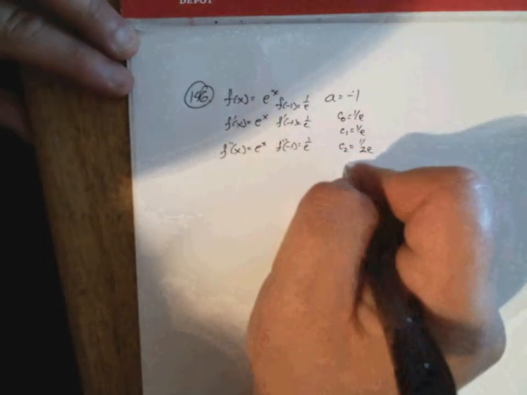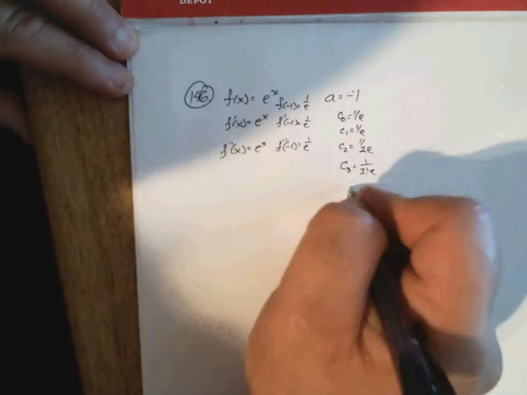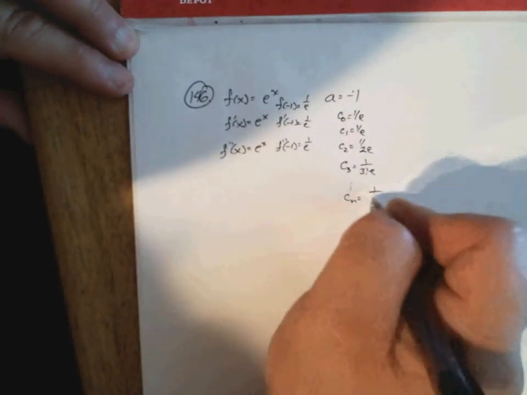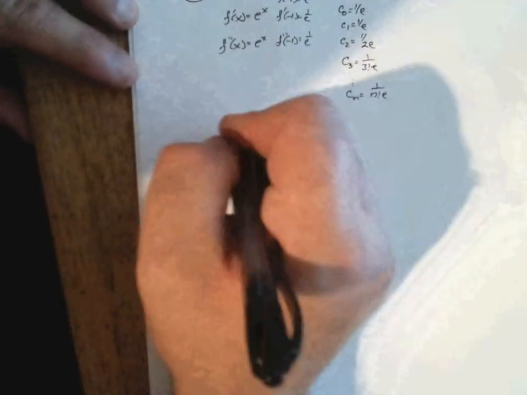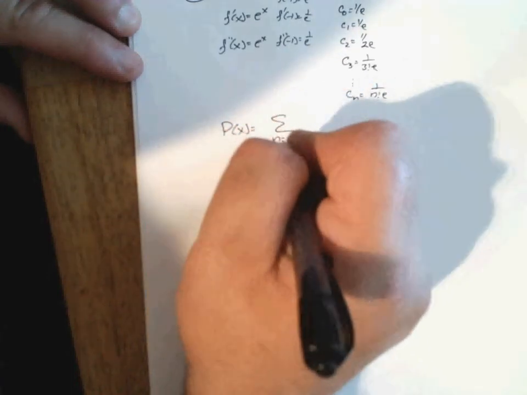So C naught is 1 over e. C1 is 1 over e. C2 is 1 over e divided by 2 factorial, so 1 over 2e. C3 is 1 over 3 factorial e. And in general, C sub n is 1 over n factorial e.